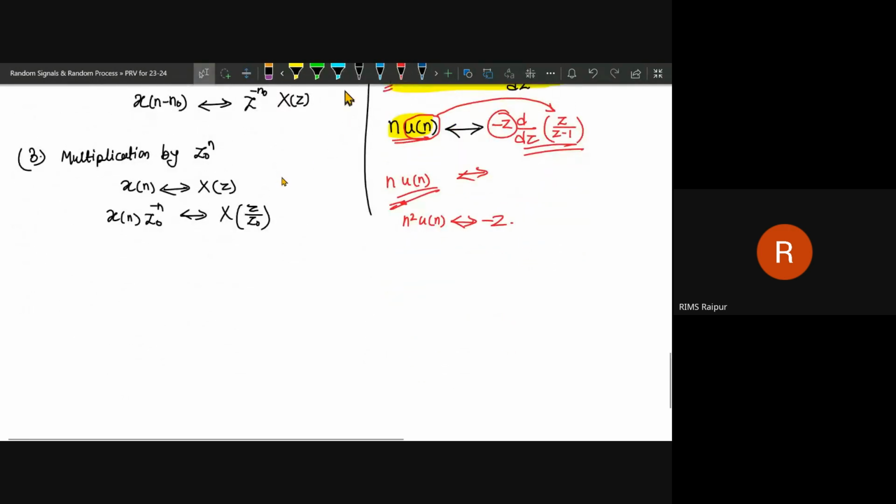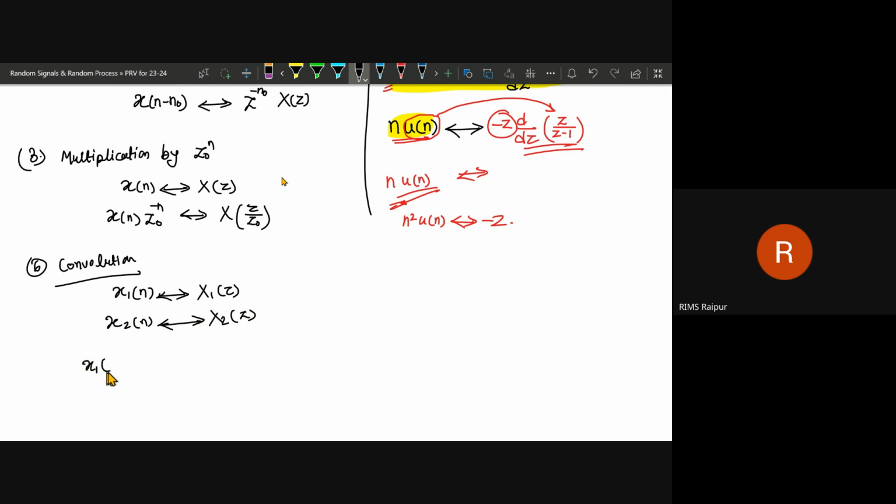Now let's move to the next property, that is the convolution property. Suppose we have two input sequences, x1 of n with Z transform capital X1 of Z and x2 of n with Z transform capital X2 of Z. If we convolve these input signals in the time domain, it will be represented as x1 of n convolution with x2 of n.